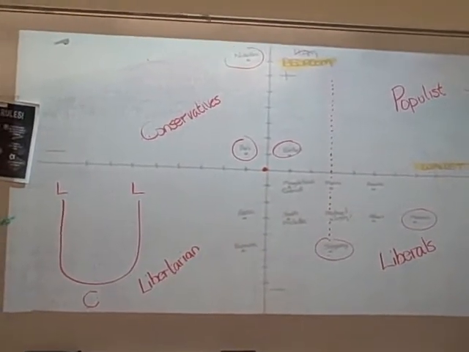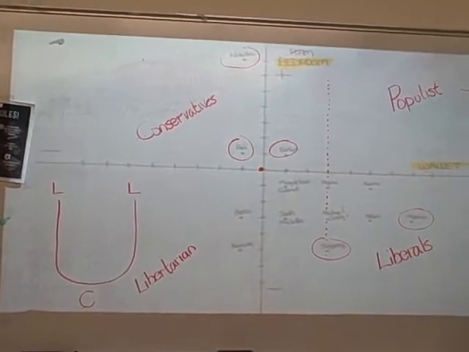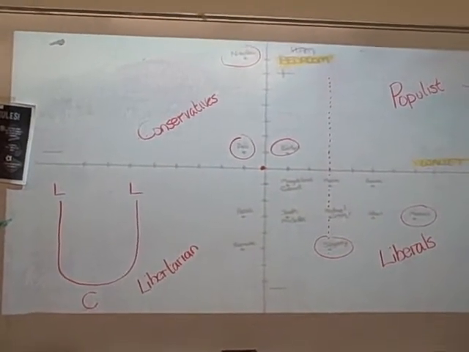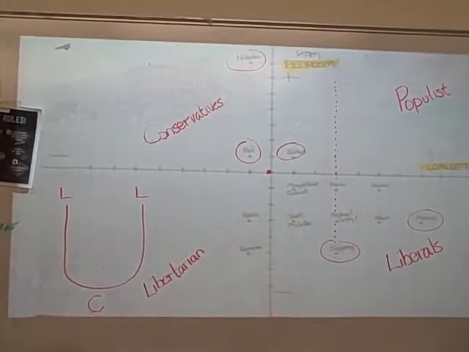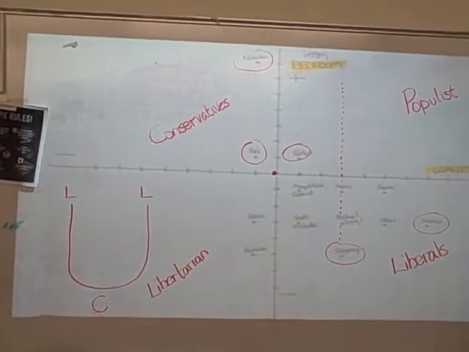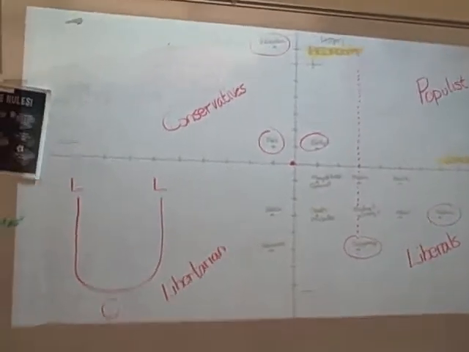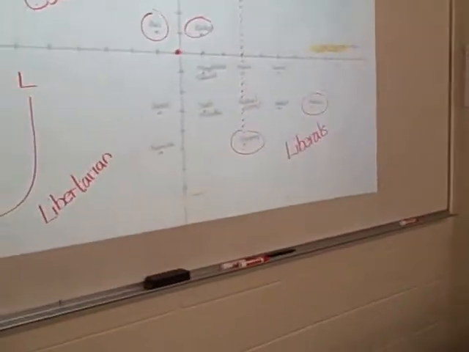I'm going to scan in a copy of this graph tonight so you can take a look at this as you watch the video. But the basic idea is there are 4 categories that are up here: liberals, libertarians, conservatives, and populists. And as I come around, you're going to notice in highlights up here that I've also classified the wallet line, and then I've also classified up here the bedroom line.